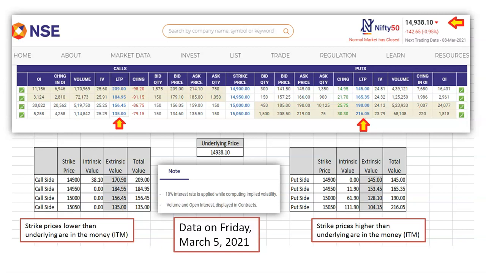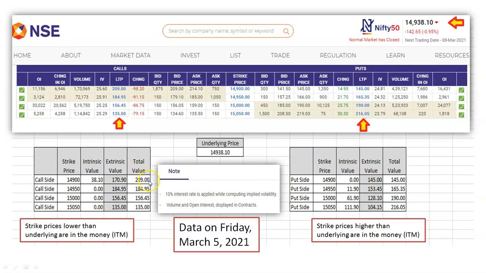And there could be another set of persons who do not have any real assets in terms of Nifty 50 shares, but they want to play on the volatility of the market, that is, the movement of the underlying price, and make profit out of it. This is why extra price is paid for the implied volatility.